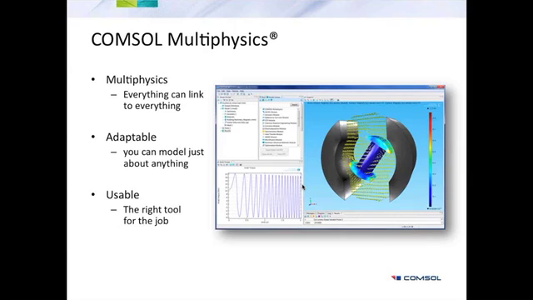We have a lot of predefined interaction types, but you can also adapt those to suit your own needs because you can actually modify the equations below the predefined interactions. So based on this, we like to say that we have a really usable environment where you always have the right tool to do the job for your simulations.